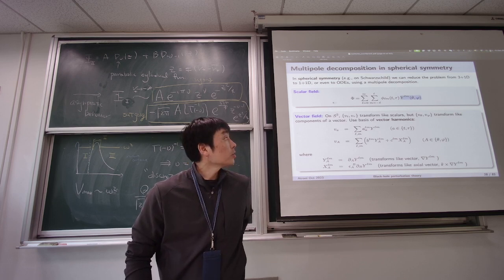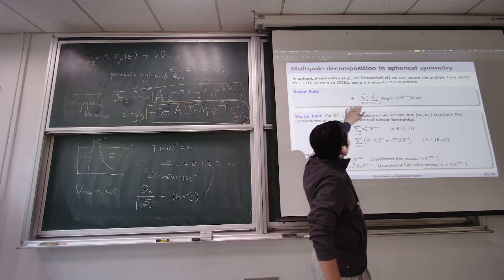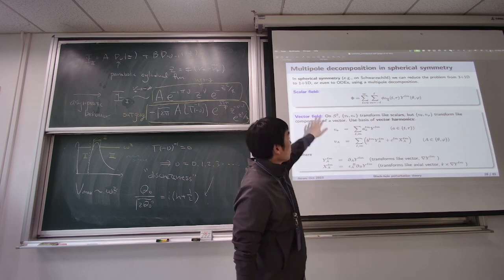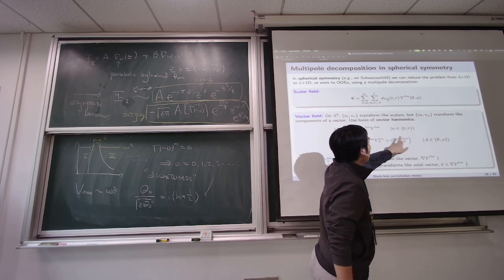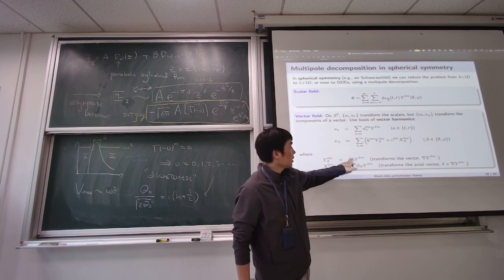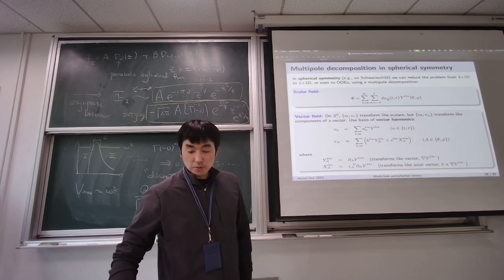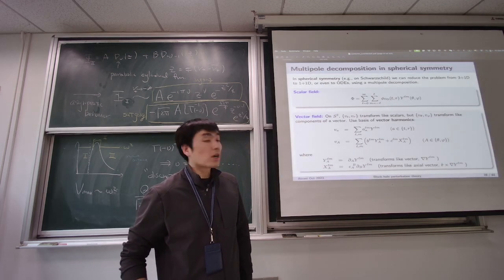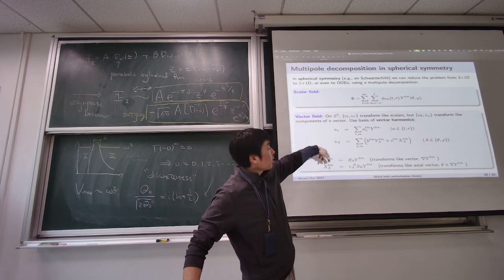Y_lm is the spherical harmonics expansion of the scalar field. But if you go to vector, you need to introduce some other basis, which is some derivative of the spherical harmonics, and you have to expand it in terms of spherical harmonics.